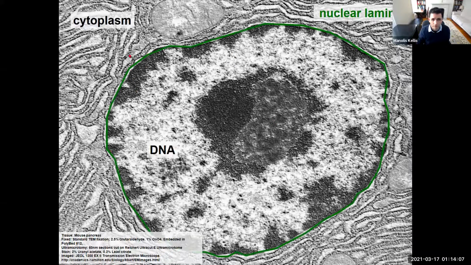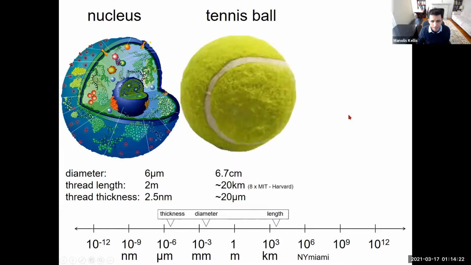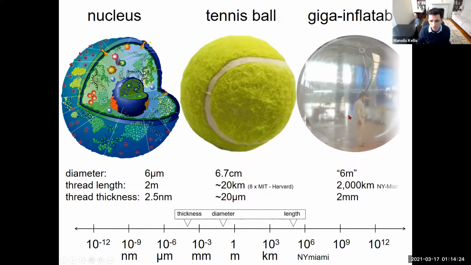You can actually see the cytoplasm on the outside, the DNA inside the nucleus, and then this 6 micrometer radius, diameter of the nucleus compared to a 2 meter long DNA. And again, the scale of compaction is quite daunting. It basically spans 9 orders of magnitude between the length and the thickness of the fiber and the diameter within which it's packed.